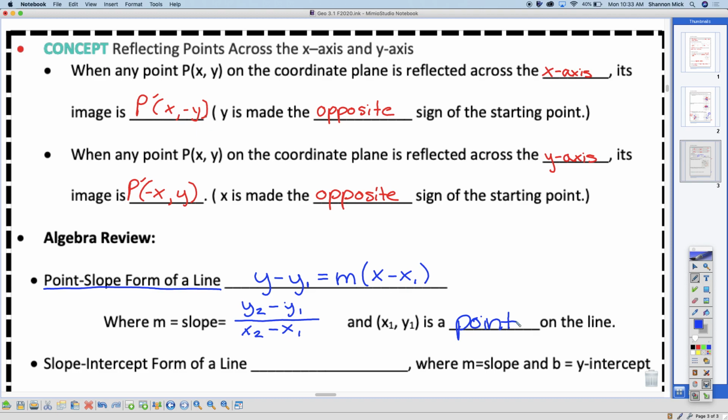And guess what form I have it in? Slope-intercept form, which is y equals mx plus b. When we had to do perpendicular and parallel, we had to plug in the point and the slope, solve for b, and then plug it back in. If we use point slope form, we don't have to plug it back in. All we have to do is solve for it.